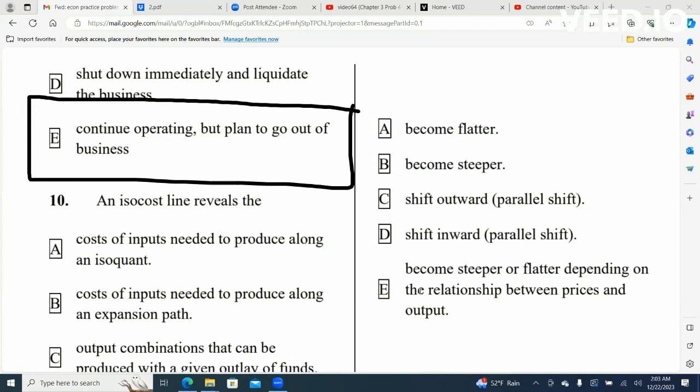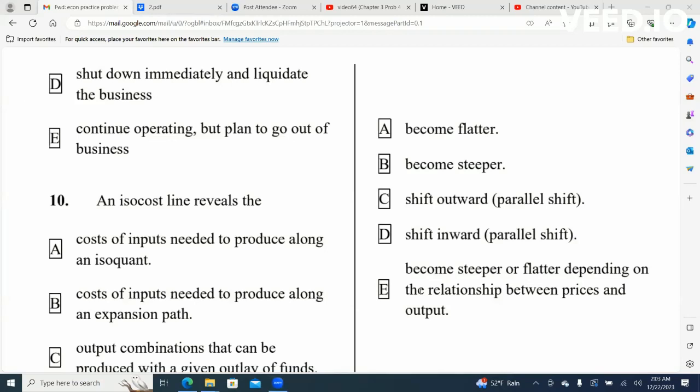So I think E is the correct answer. E, above the AVC, means cover variable costs and minimize losses.